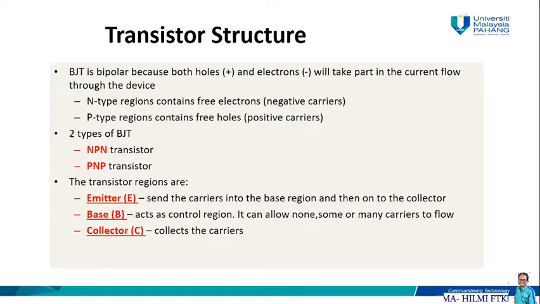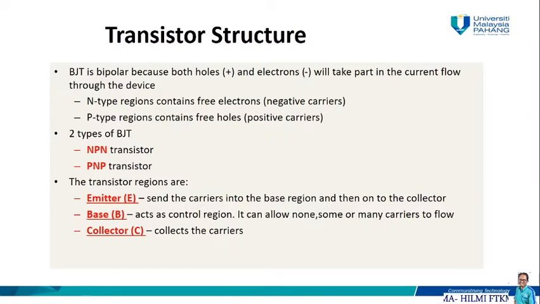So a BJT we can imagine as two PN and NP diodes sandwiched together, and both holes and electrons take part in the current flow through the device. We have the N-type region that has free electrons, extra electrons, and the P-type region that contains free holes, or the positive carriers.